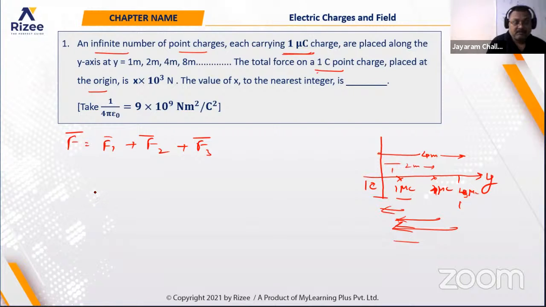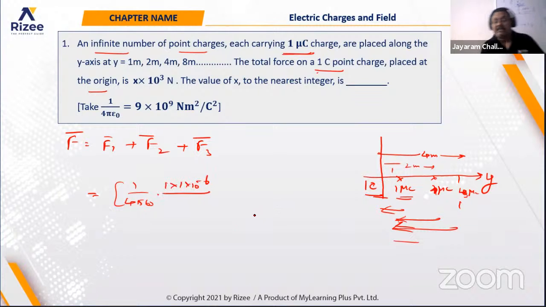What will be the force formula for the first one? 1 by 4 pi epsilon naught into the charges: 1 coulomb and 1 microcoulomb, that is 1 into 10 to the power of minus 6, divided by the distance of separation, 1 meter, that is 1 squared.